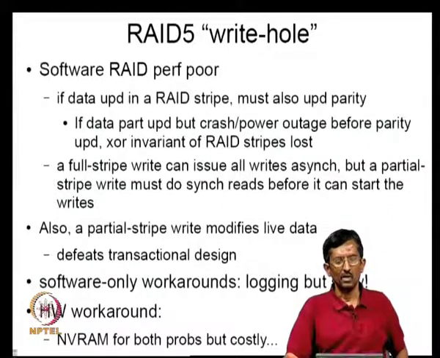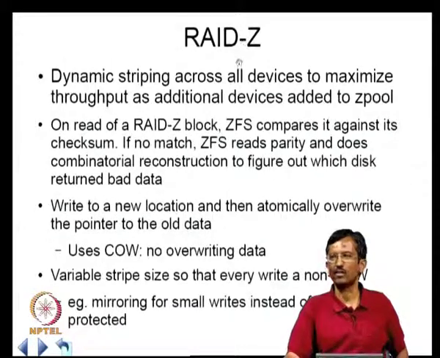So what ZFS wanted to do was to see if there is a way to avoid this problem. They came up with a model called RAID-Z, and what they do is what is called dynamic striping, because this design is an integrated design. That means it has both the file system and the volume manager, and the design has been done together.